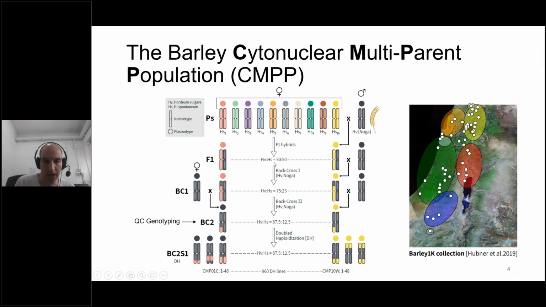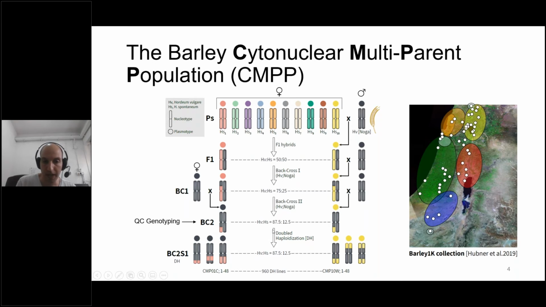And this is why, when we got to the backcross 1 stage, in order to get to the backcross 2 and pre-final stage of this population, we crossed all the plants from each subpopulation once to Noga as a male donor and once to Noga as a female donor. And then we got to the backcross 2 stage, where we also did some QC genotyping to see that the amount or the ratio of wild DNA is approximately as we expect it to be according to the pedigree.